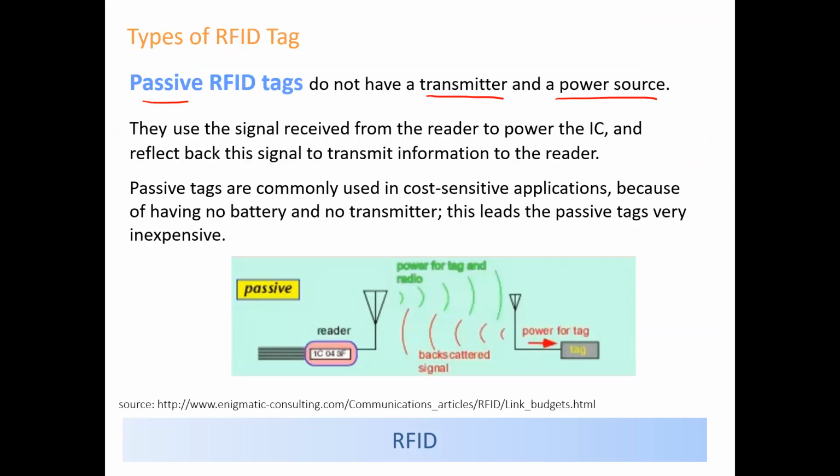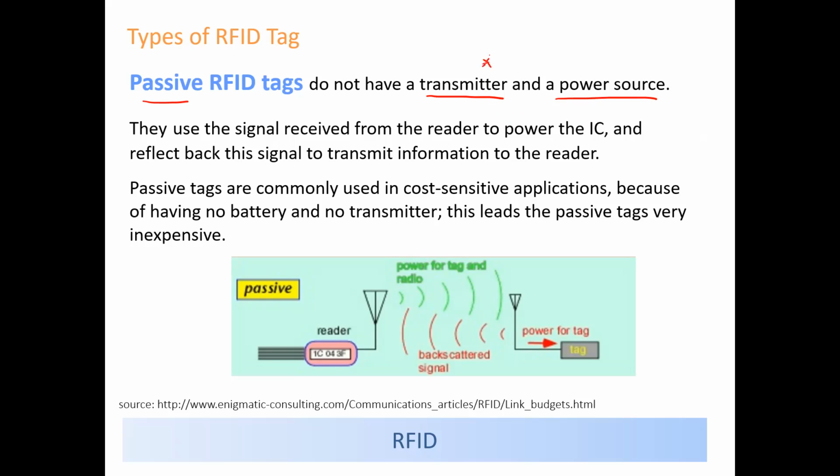So the concept is, when you use a passive tag, of course, there is no transmitter inside. It means that no electronic things or hardware, like an amplifier or a battery to feed power to the electronics inside.